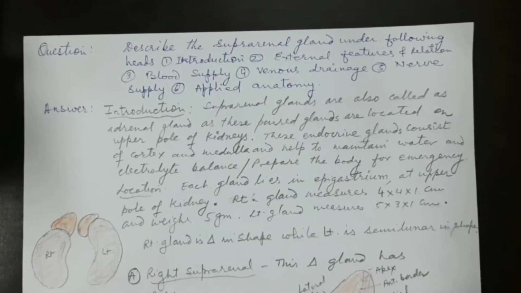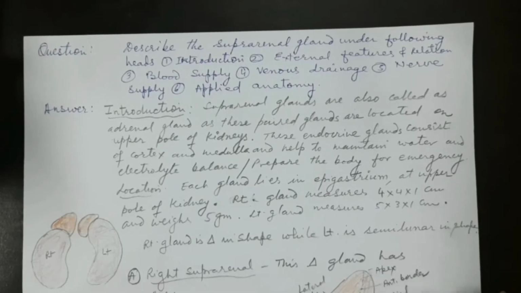It prepares our body for emergency situations by secreting epinephrine or norepinephrine. So these are the catecholamines secreted by the medulla. Thus the secretions of the cortex and medulla are entirely different. The reason being that the cortex develops from mesoderm and the medulla comes from the neural crest. So the sources of their origin are different, and that's why the hormones are different.